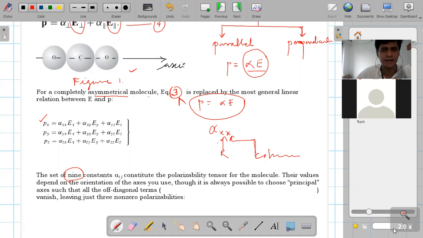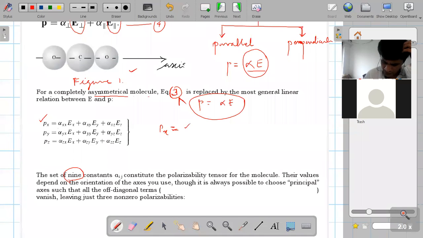Therefore, for Px, we can write alpha xx Ex plus alpha xy Ey plus alpha xz Ez.